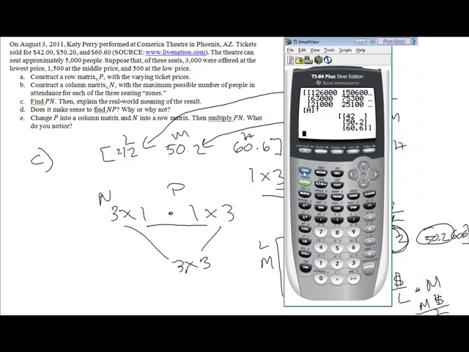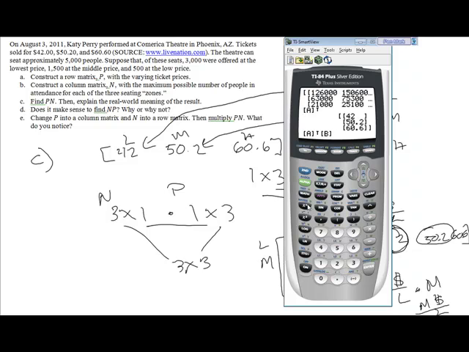My P matrix is my price matrix, that's this guy here, and I want that matrix transposed. I'm going to transpose it, but I'm not going to hit enter yet. I'm going to multiply that by the second matrix, the N matrix, that contains the number of tickets, also transposed.